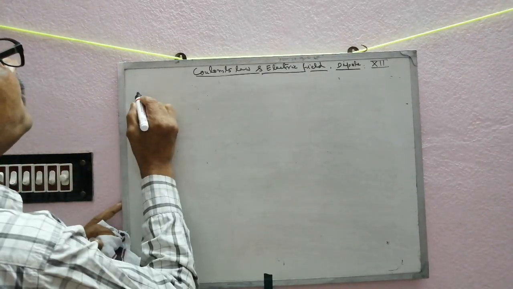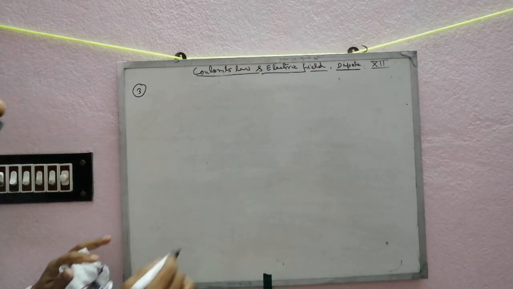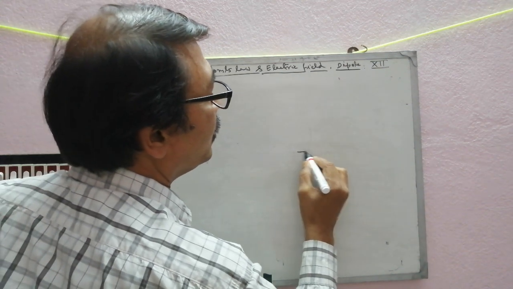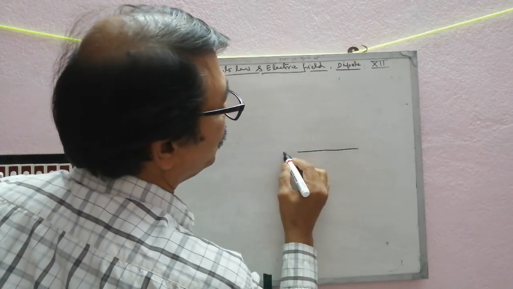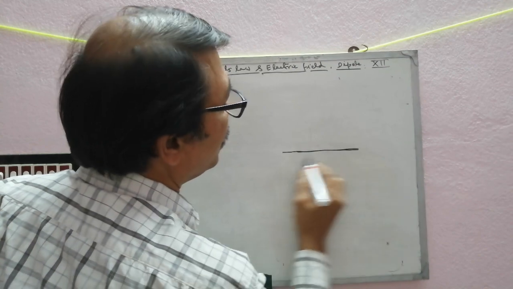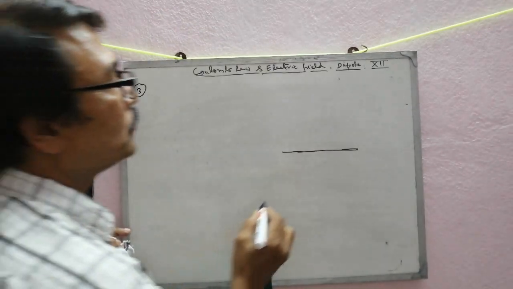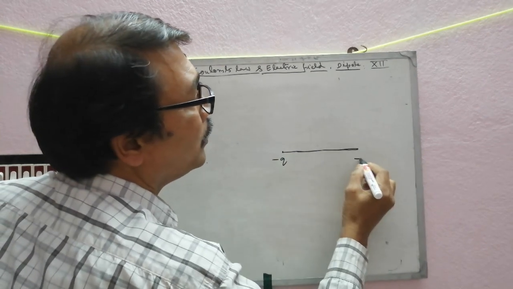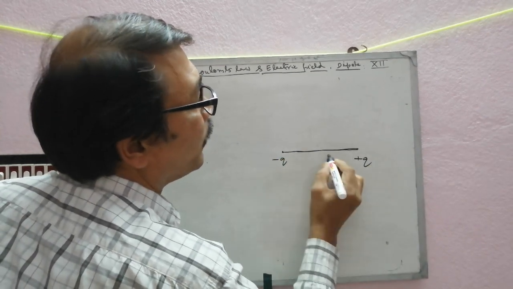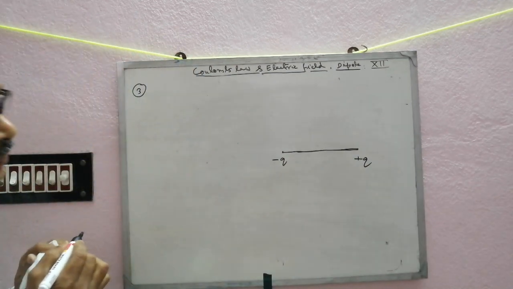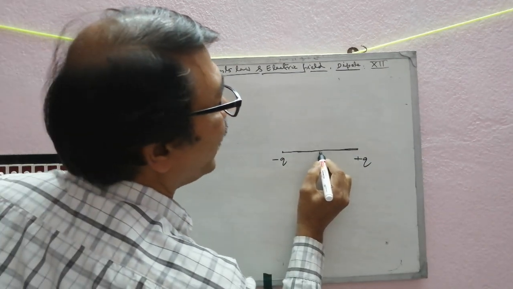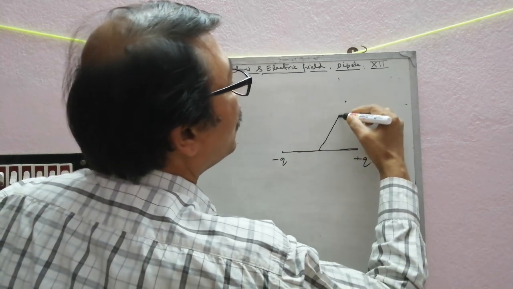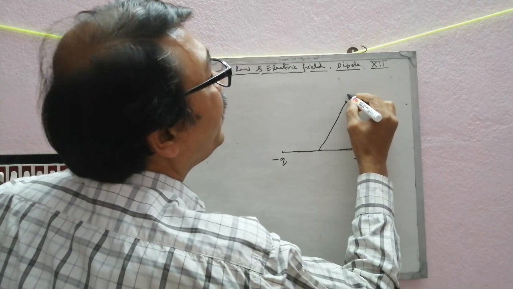Now, in case number 3, we will find out the electric field due to the dipole. Minus q, plus q, this is a dipole, the distance is the same.